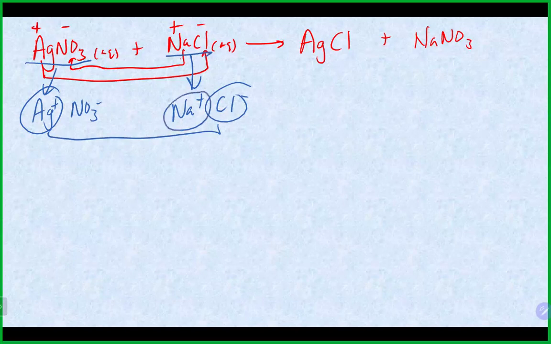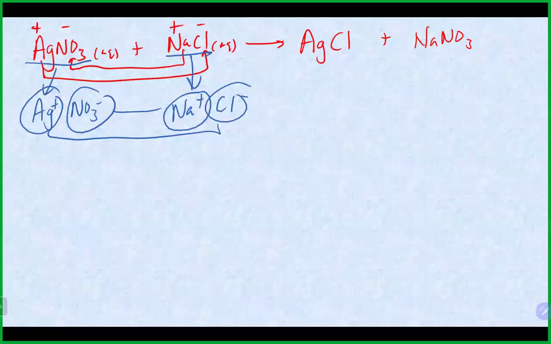Same thing here, we just need one of each of them to get the proper formulas. Now, once we have it, we can balance the equation with coefficients, and in this particular case, it is actually balanced. We could also determine whether or not we would expect a solid to form if we put ions together.